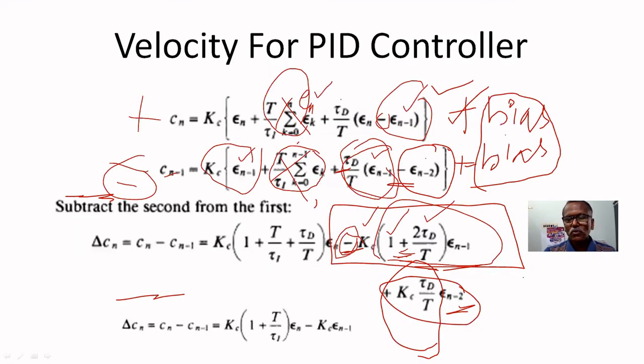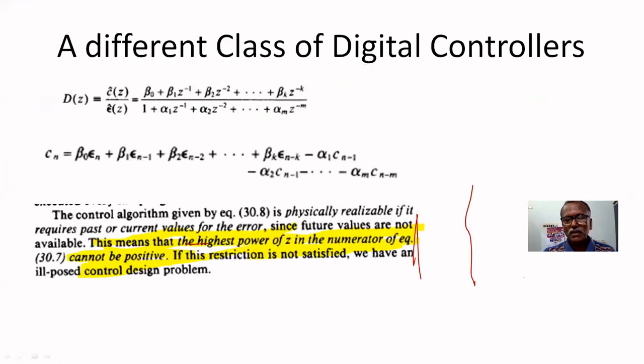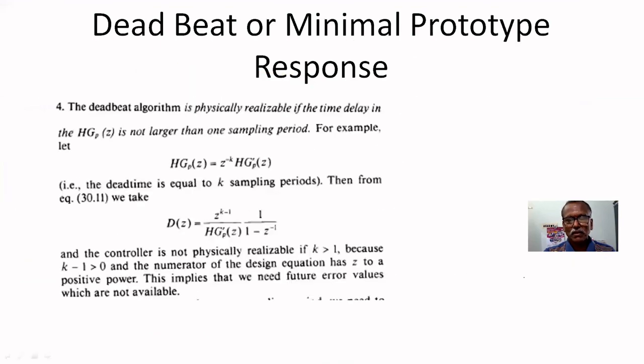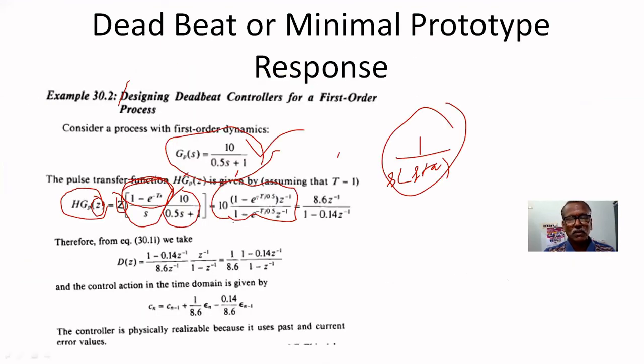We'll see all this later. If you find the Z transform for 10 upon S multiplied by 0.5S plus 1, in the denominator you will have one more term, 1 minus Z power minus 1.